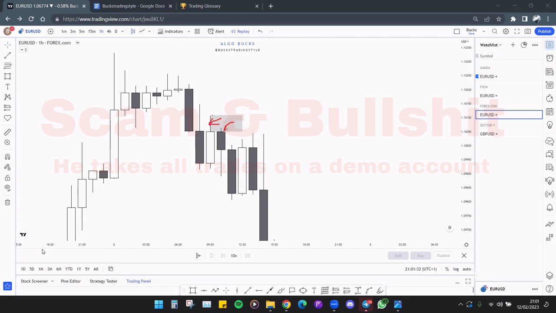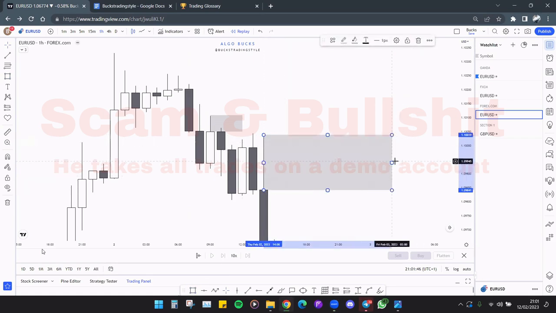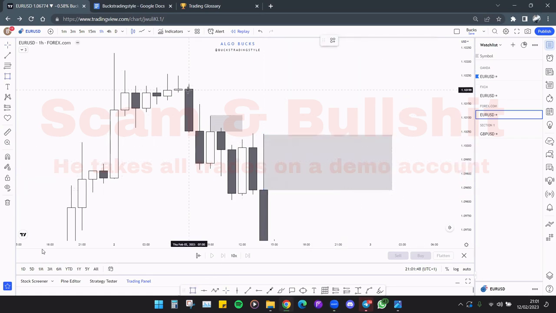So this was mitigated by this. That means this wick was a mitigated wick. We cannot use that as a POI. Then if I extend this one right here, we see no candlestick mitigated this. So this wick right here is an unmitigated wick.